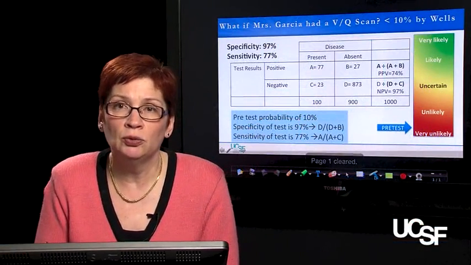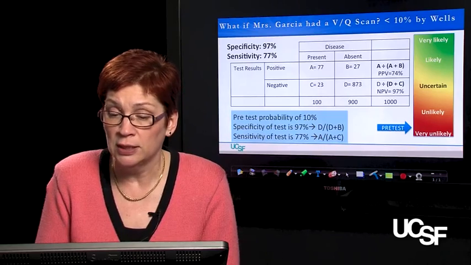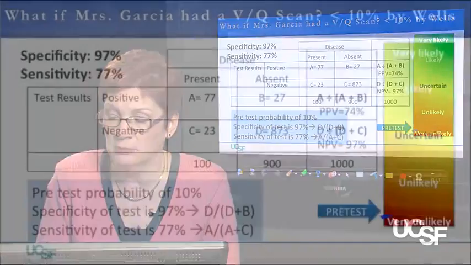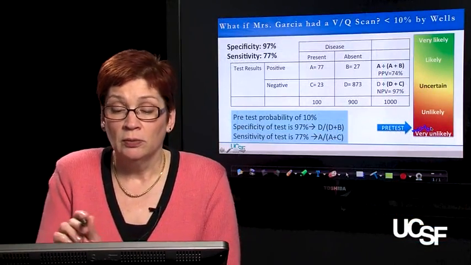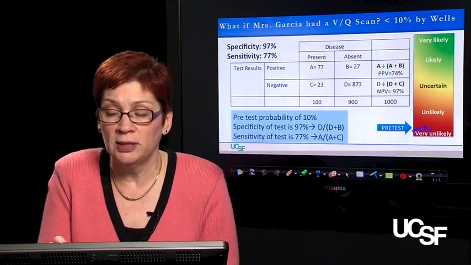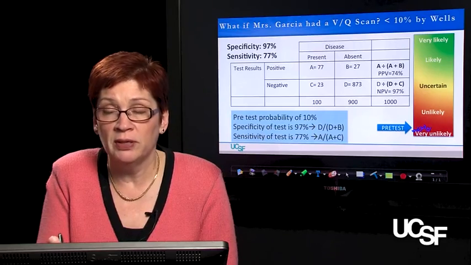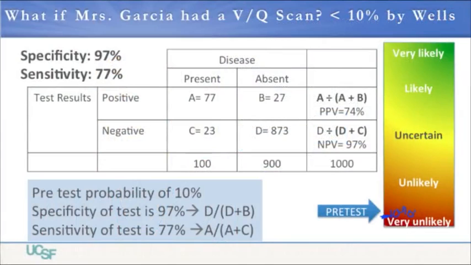And on our likelihood ruler over here, we have indicated that Mrs. Garcia's pretest probability is down here near the basement, around 10%. Good. So remember, the reason we populate this is to calculate our post-test probabilities. In this situation, our post-test probability of disease, or positive predictive value, is A, 77, over A plus B, 77 plus 27.